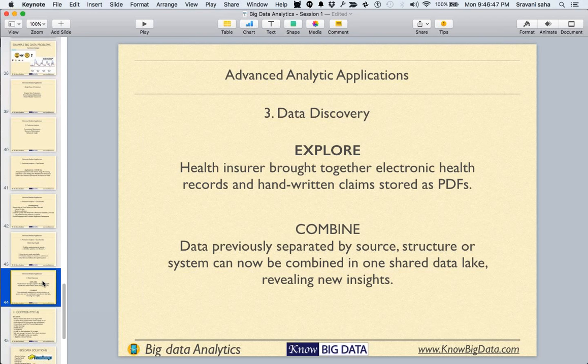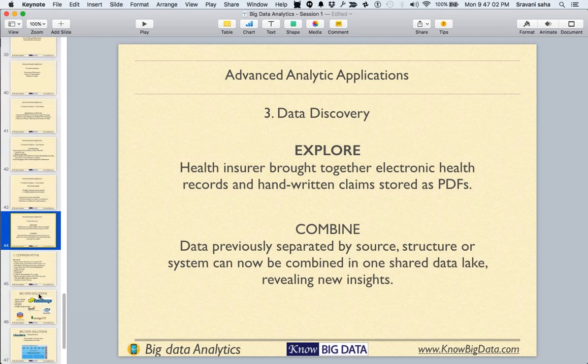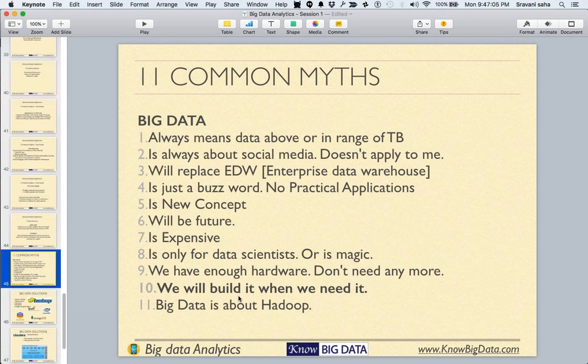So the health insurer was able to bring all the electronic health records in all kinds of formats to a single place, on HDFS or Hadoop or on the big data lake. So those are the few case studies, and data discovery is a common example. These are the common myths about big data.